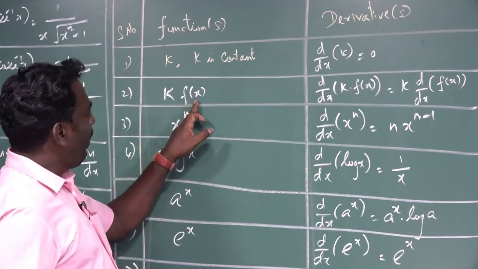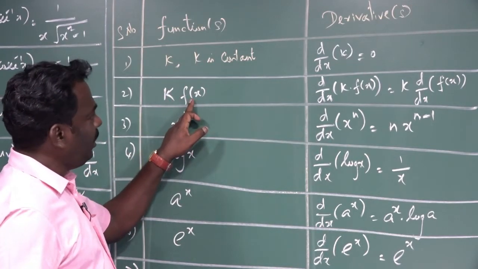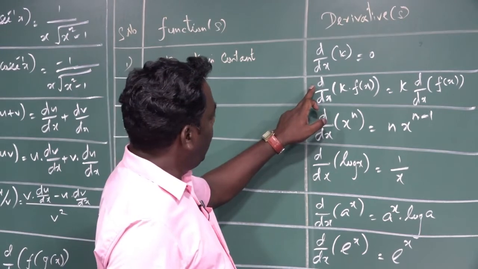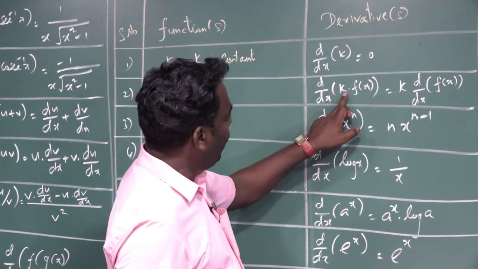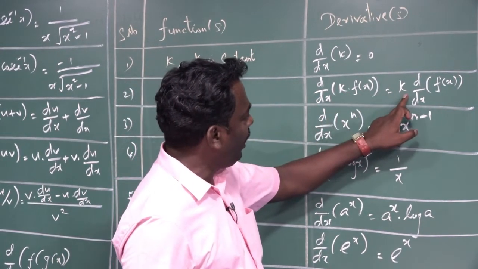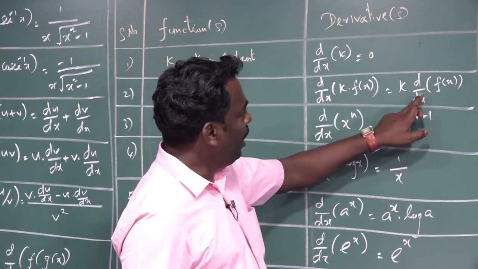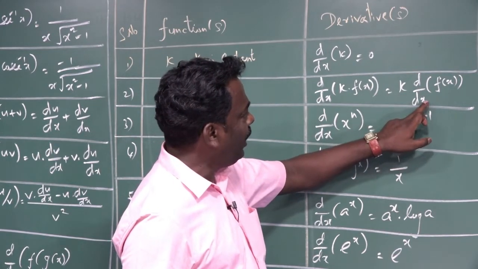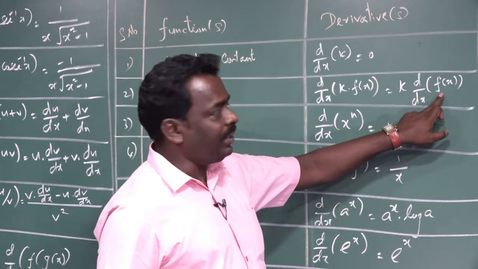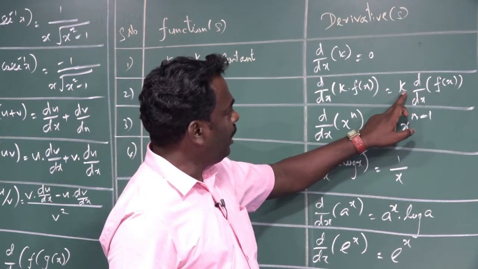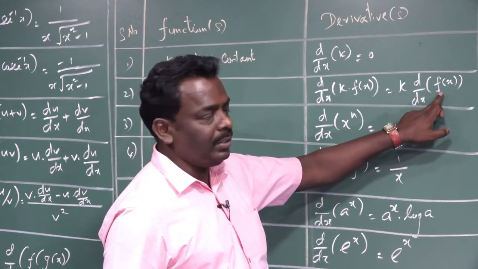Next, k times any function, k into f of x. The derivative d by dx of k into f of x: k is a coefficient, so keep it outside, and differentiate the function f of x with respect to x. Therefore, the derivative is k into d by dx of f of x.